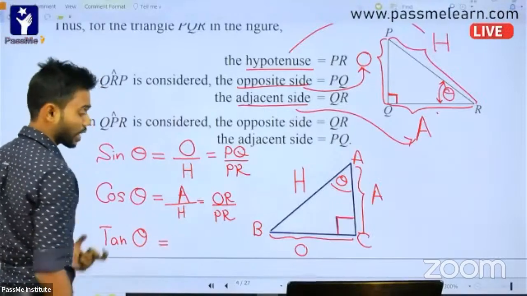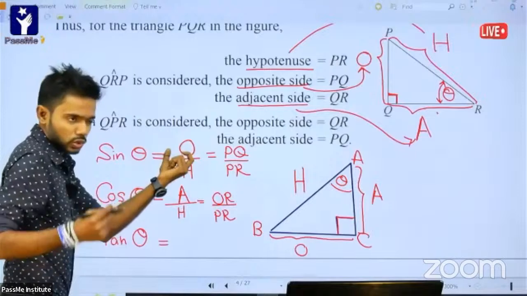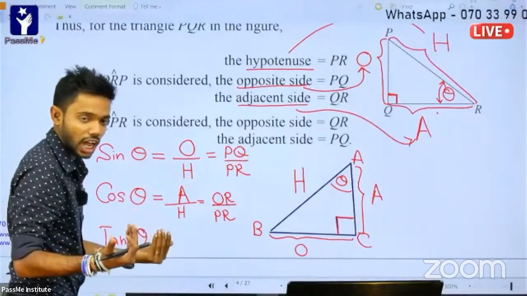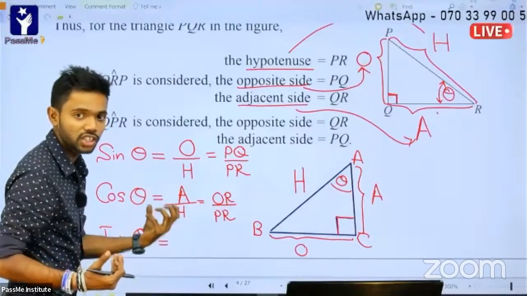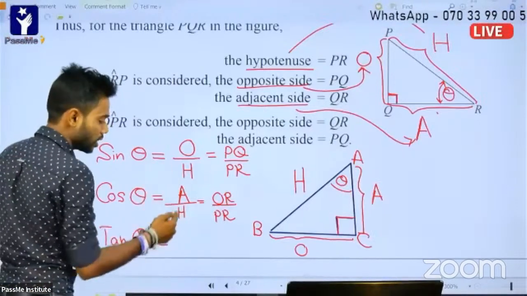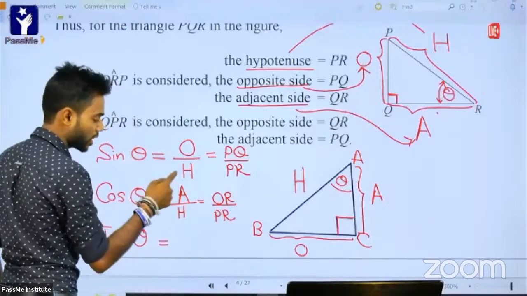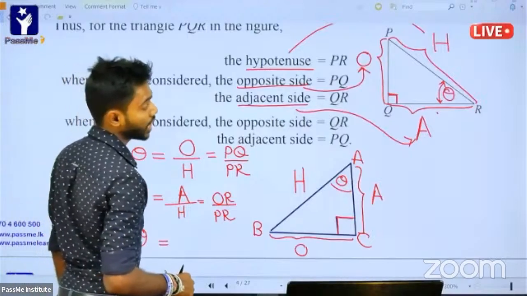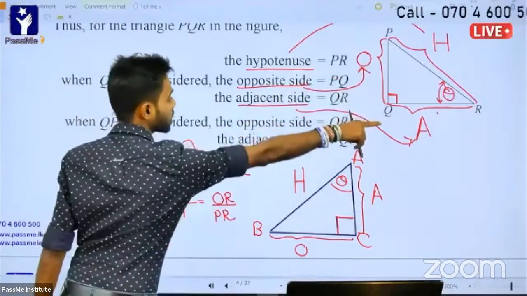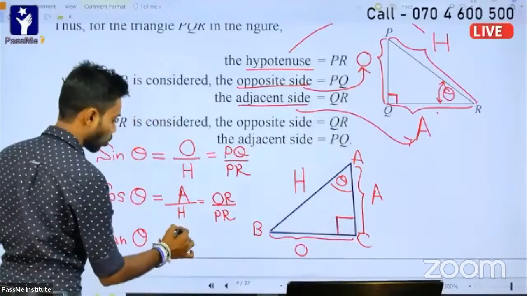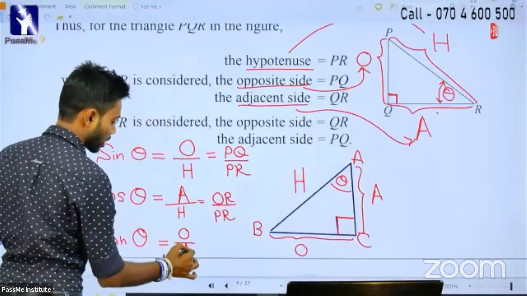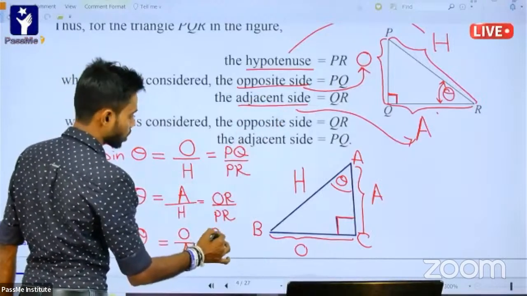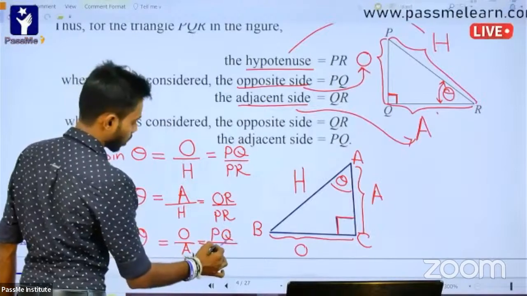Now the tan theta. Anyway, you need to remember this one, right? Anytime you must be able to recall what you mean by cos theta. Cos theta means AH, so remember, AH is cos theta. OH sin, AH cos, and tan theta is the opposite side divided by the adjacent, O divided by A. In this one, PQ divided by QR.